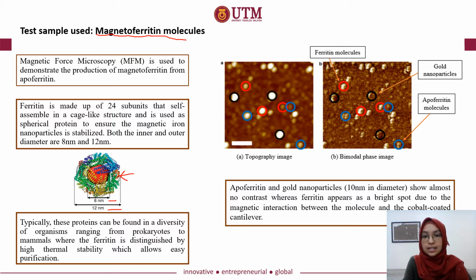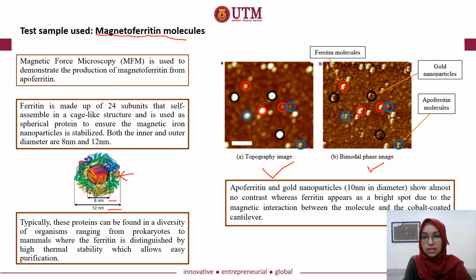Other than that, as we can see here, figure A shows the topography image, while figure B shows the bimodal phase image. Apoferritin and gold nanoparticles, which are 10 nanometer in diameter, show almost no contrast, whereas ferritin appears as a bright spot due to the magnetic interaction between the molecule and the cobalt-coated cantilever.